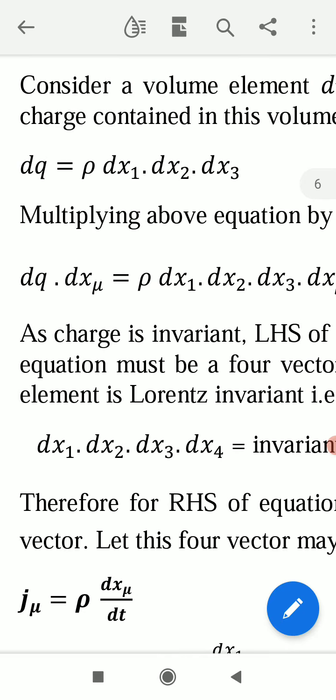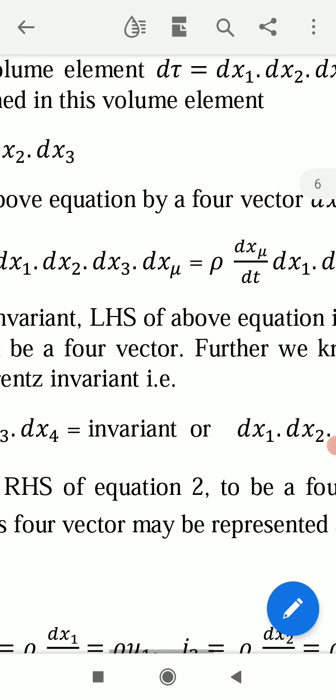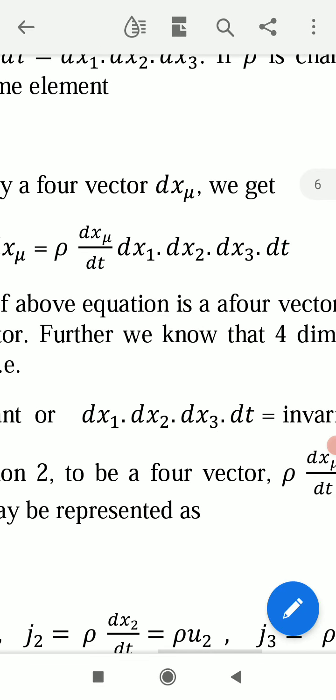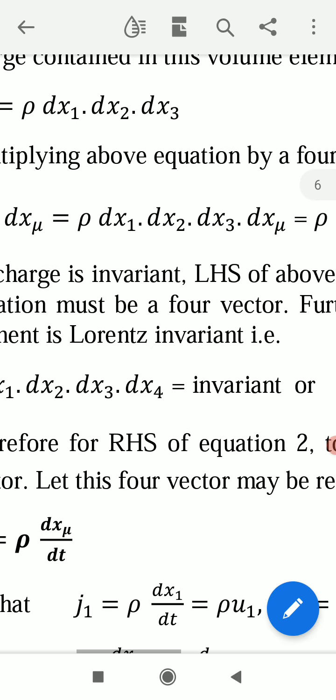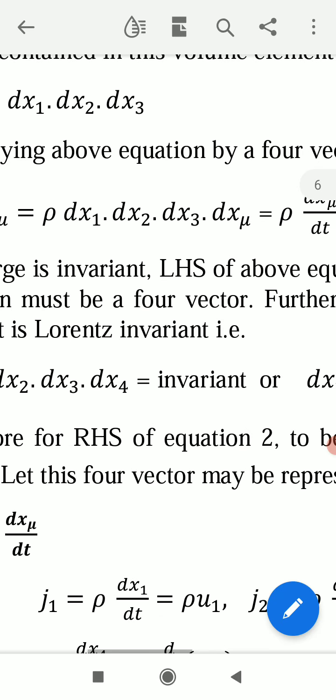As charge is invariant, dq is invariant, and dx mu is a 4 vector, so the left hand side of the above equation is a 4 vector. So the right hand side of this equation must be a 4 vector.